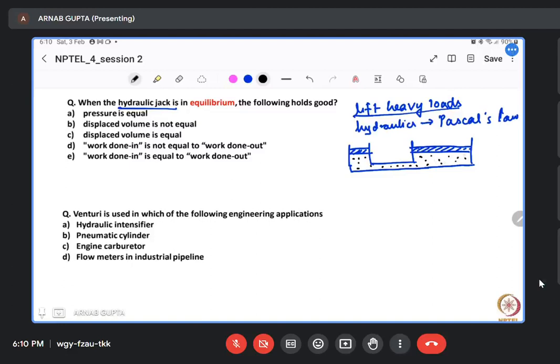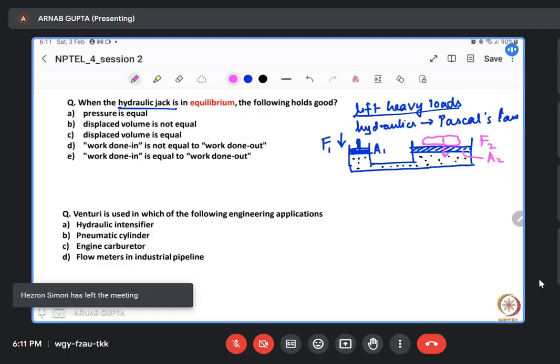You apply a particular load F1, the piston area is say A1, and here you have a heavier load to be lifted, that is F2, and the cross sectional area of the cylinder is A2.